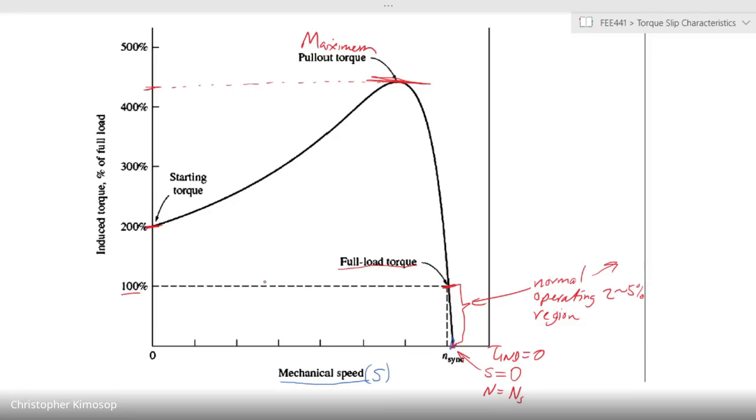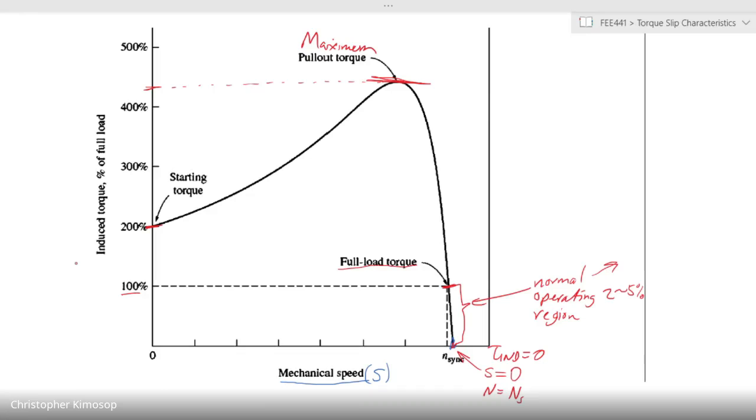Right? Now, because of the shape of the characteristic, you will also notice that the slip varies as the square of a phase voltage, but that is not directly represented by this.